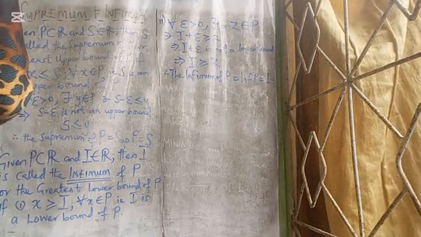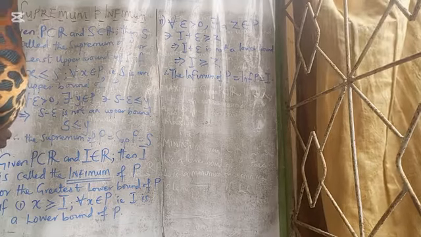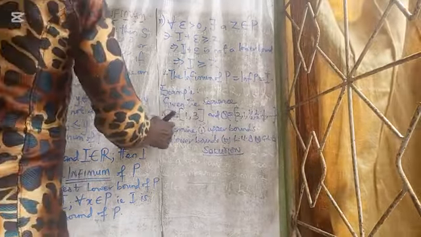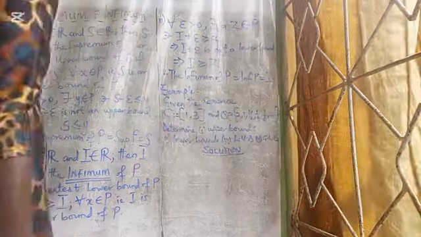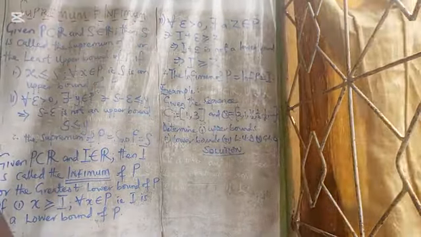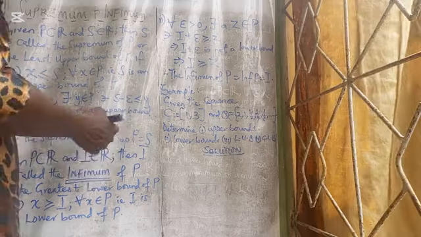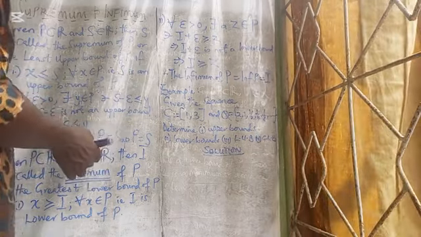Let's take examples and try to bring out the infimum and the sup. Given the sequence G defined on the closed interval 1 to 3, and Q defined with the given elements there, 2, 1, 1 over 2, 1 over 4, 1 over 8, and so on. We are told to find the upper bound, the lower bound, the least upper bound, and the greatest lower bound.